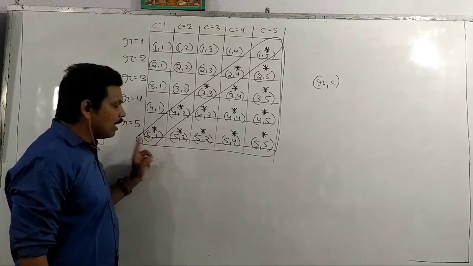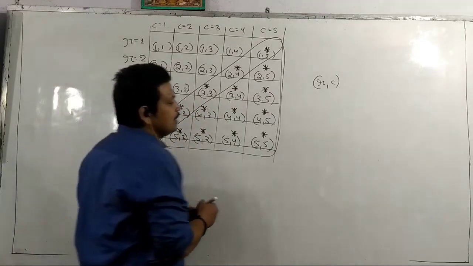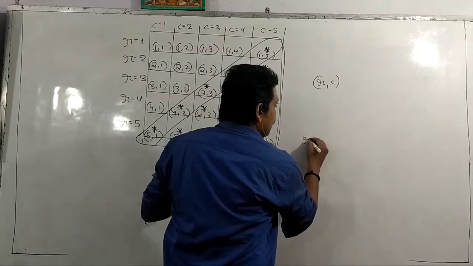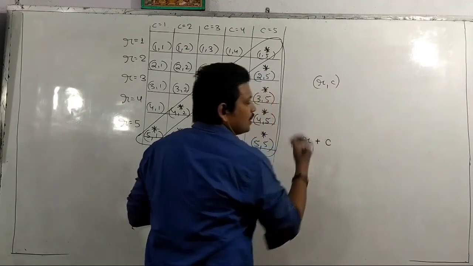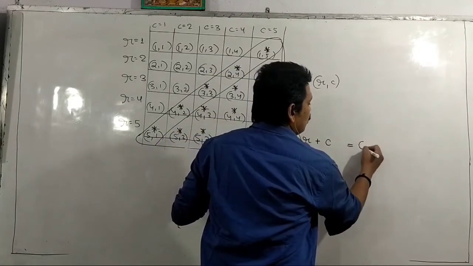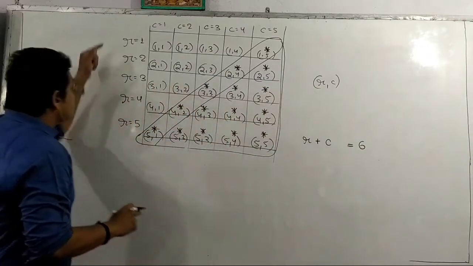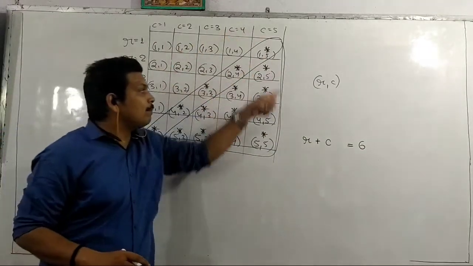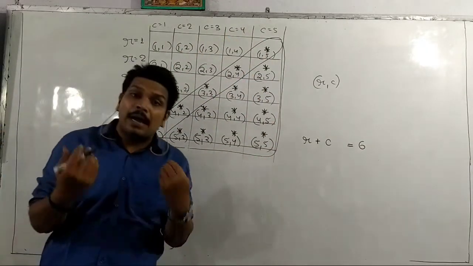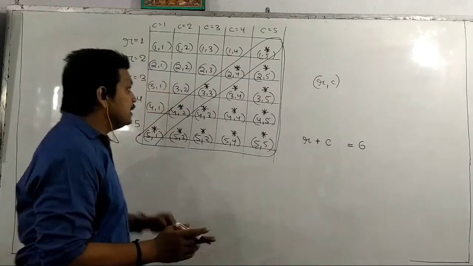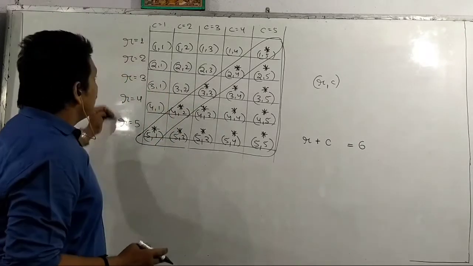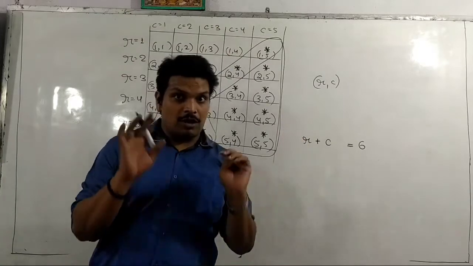That means the relation is R plus C is equal to 6 when the pattern size is 5. When I say pattern size is 5, that means there are 5 rows and 5 columns.